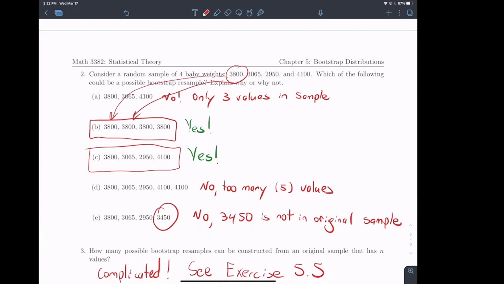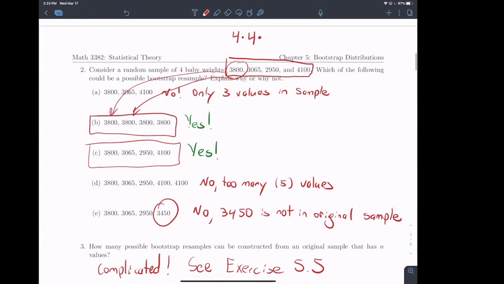And just thinking about how many possible bootstrap resamples there are, it's complicated. I'll just say that. So you might say, okay, if I had a sample of 4 things over here, for the first choice I can pick any one of those 4 things, and for the second choice I can pick any one of those 4 things, and the third and the fourth.